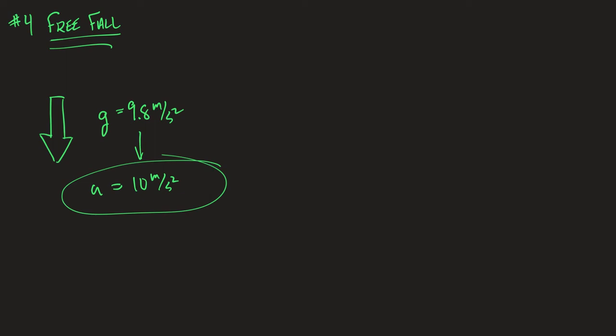Now notice, free fall in general is anytime an object is being accelerated by gravity, we say that the object is in free fall. Again, anytime an object is being accelerated by gravity, we say that the object is in free fall.